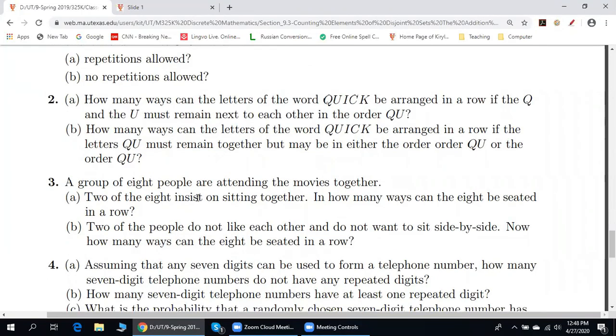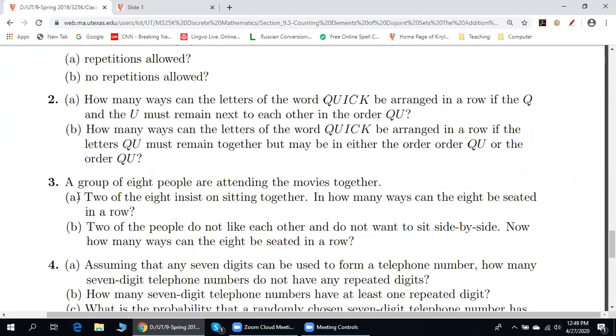How about 3A? A group of 8 people are attending the movies together. 2 of the 8 insist on sitting together. In how many ways can the 8 be seated in a row? Any ideas? 7 factorial times 2. Absolutely.